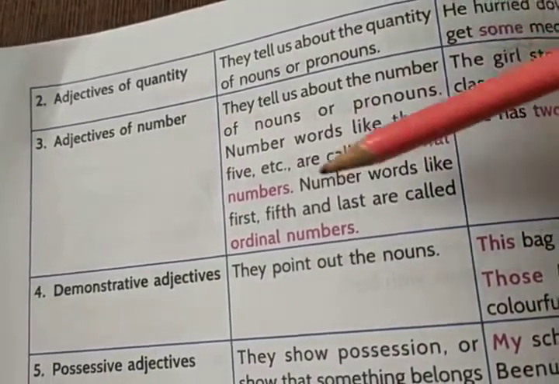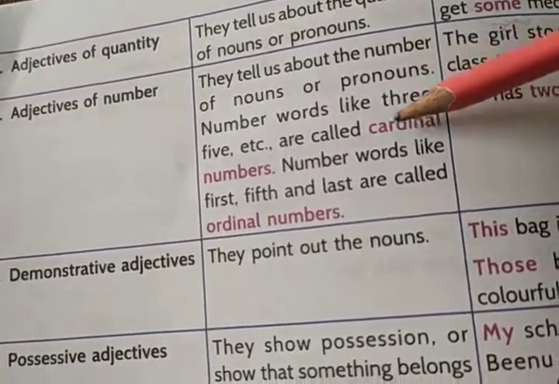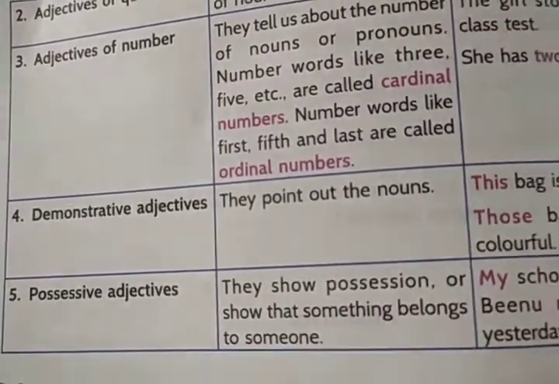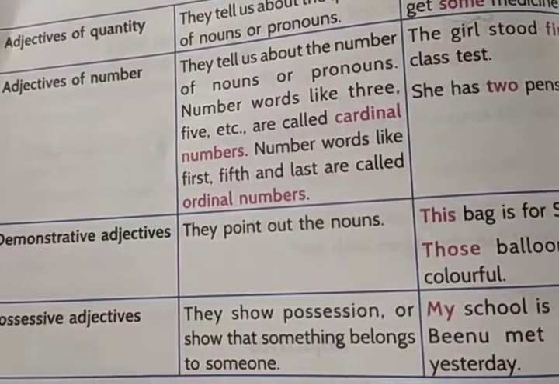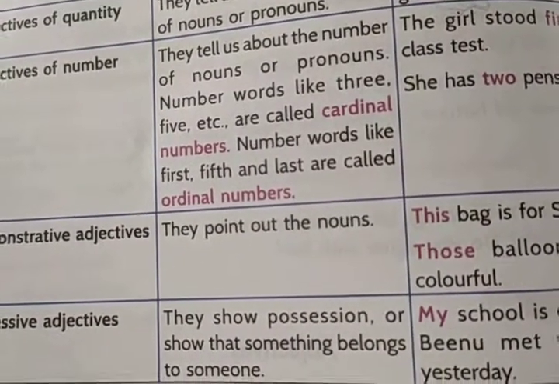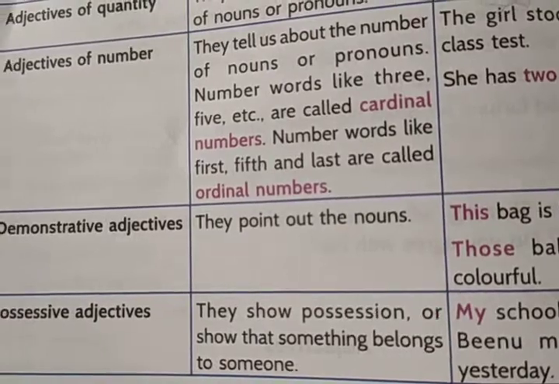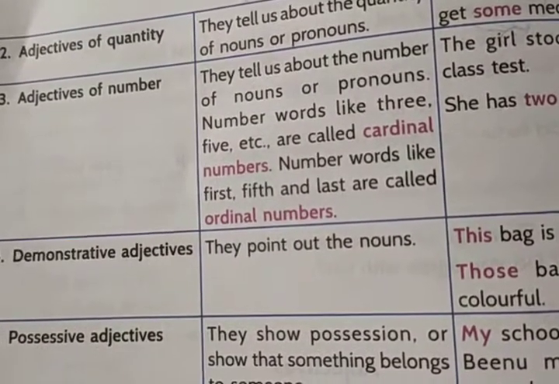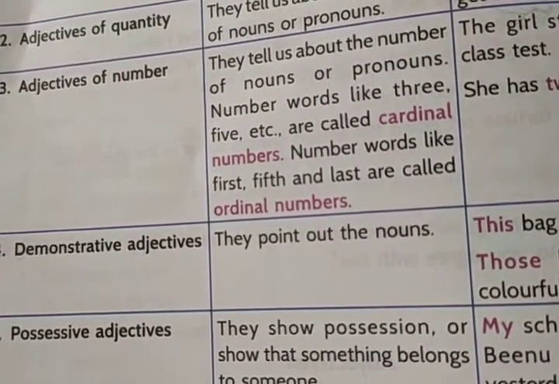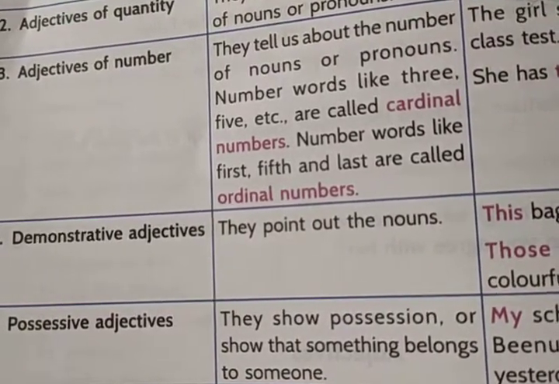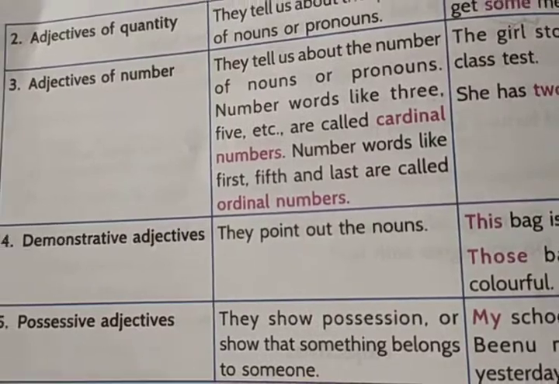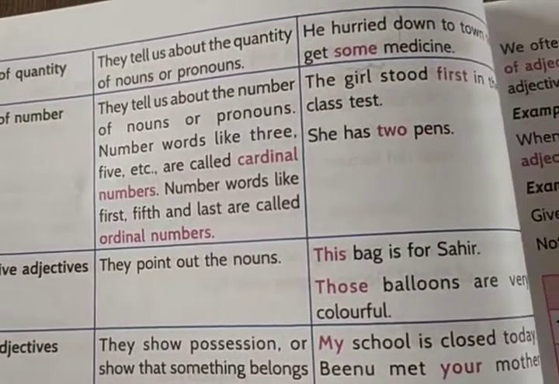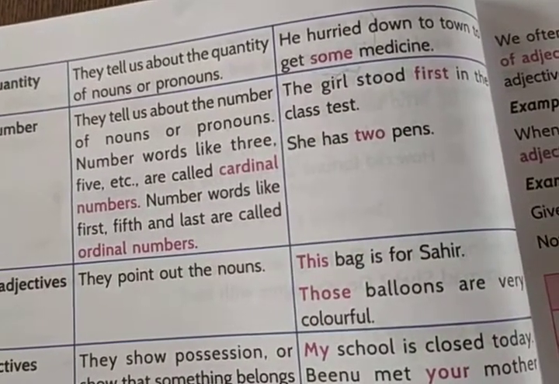They tell us about the number of nouns, ये हमें number of nouns और pronouns के बारे में बताता है, exact number what is there. तो number words like 3, 5, आपको पता ही है कि जो 3, 5, 4, 6, 7 normal words होते हैं वो cardinal numbers हम उनको बोलते हैं, और number words like first, fifth, last are called ordinal numbers, ठीक है। So the girl stood first in the class test.